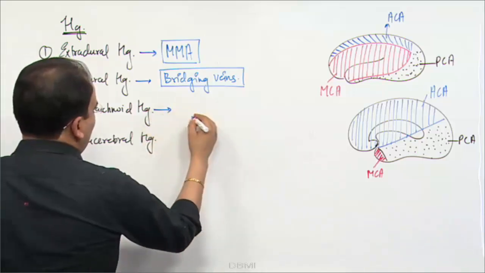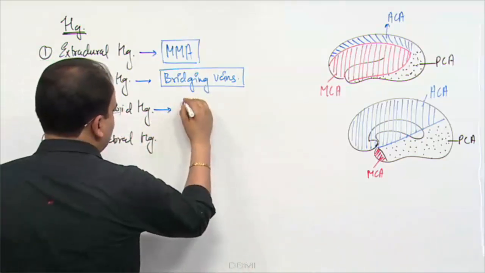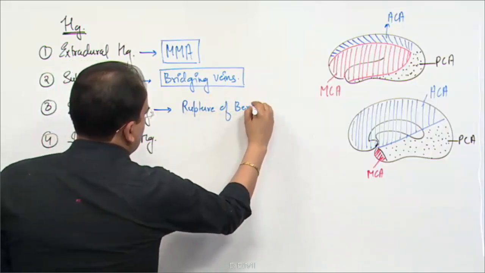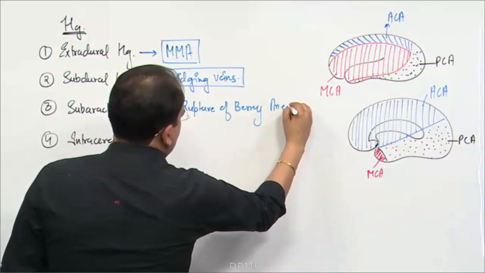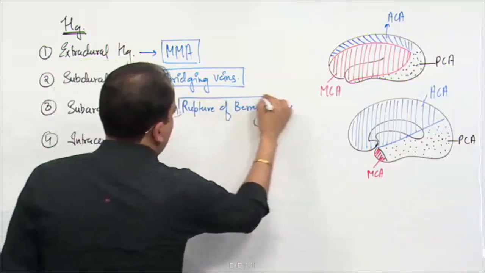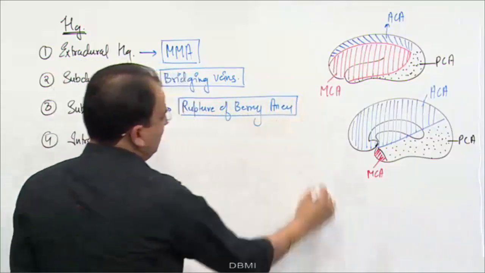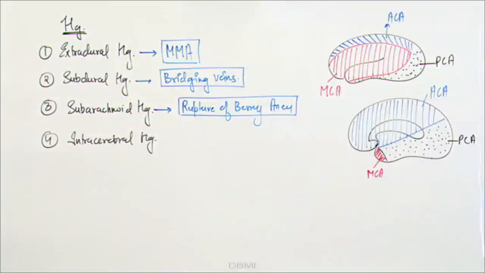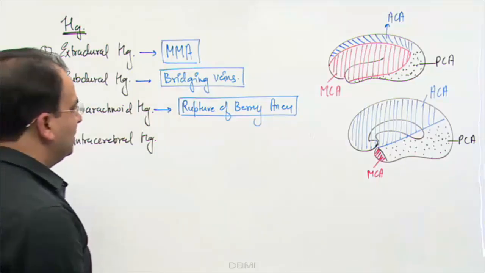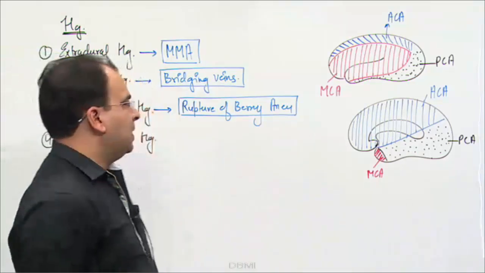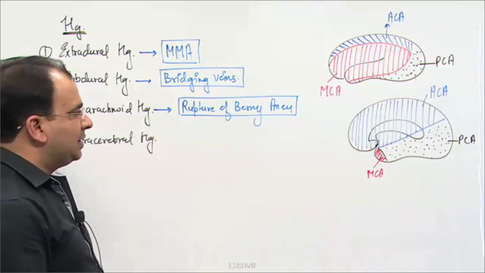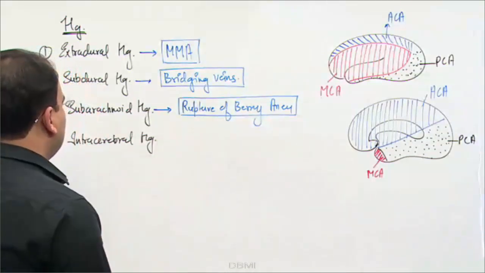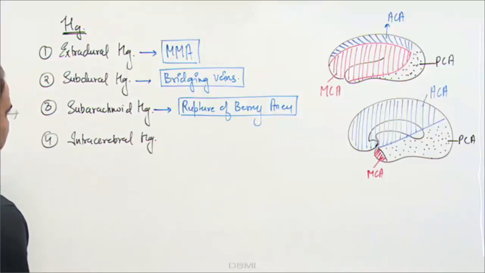Subarachnoid hemorrhage is because of the rupture of a Berry aneurysm, and Berry aneurysms are usually seen in the anterior communicating and posterior communicating arteries. You will talk more about this in medicine, which part exactly. So it's the anterior communicating close to the anterior cerebral and the posterior communicating close to the posterior cerebral, the arteries usually involved in Berry aneurysm.